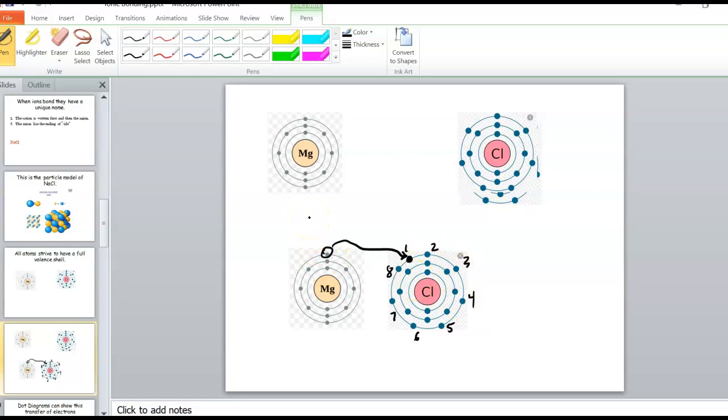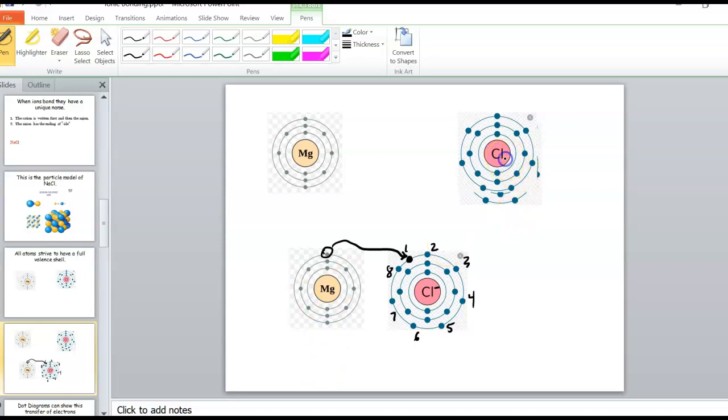It has reached that full valence shell. So that's good. But just keep in mind, this chlorine now has a negative charge because it gained 1 electron. But now this magnesium still has 1 valence electron. Has it reached nirvana or that noble gas configuration? And the answer is no, it hasn't.